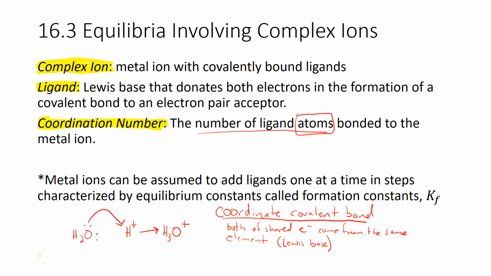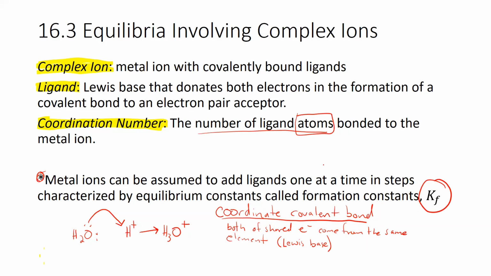Now, something else that's important that we'll get into in a second, this idea down here that metal ions can be assumed to add ligands one at a time in steps characterized by equilibrium constants. And these equilibrium constants are described by a Kf. It's just the formation of this metal ion, okay?